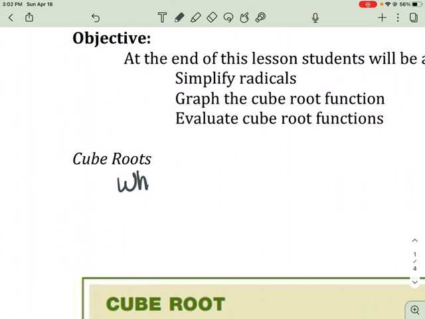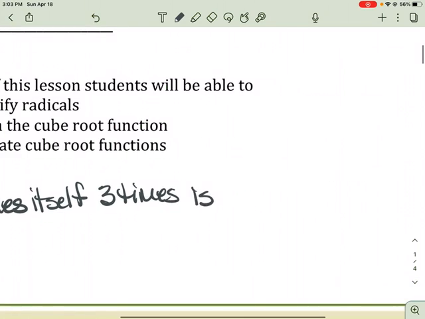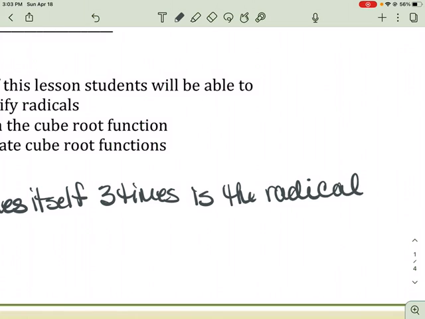So we're looking for what number times itself 3 times is the radicand. Remember, the radicand is the number underneath the radical symbol.